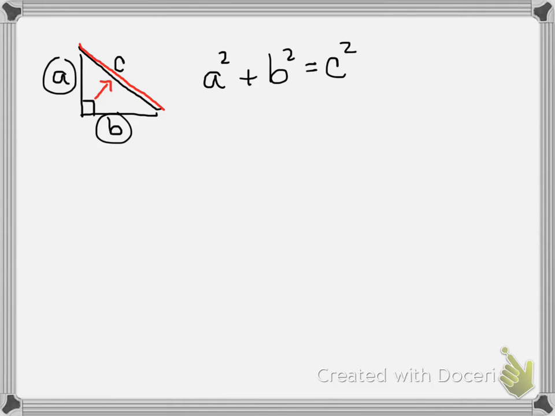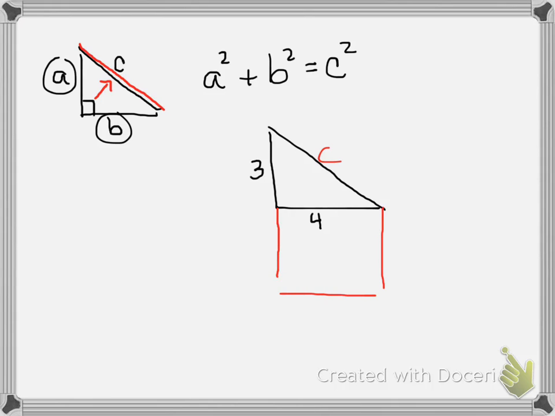So those two visuals show you that if you have, let's say, a triangle that's 4 by 3, and you want to find what C is, the visuals show you that if you take the square of the length of the side, so we're going to call this side A and this B this time, and let me just show you.